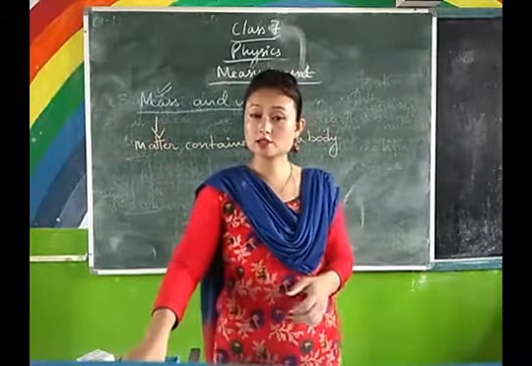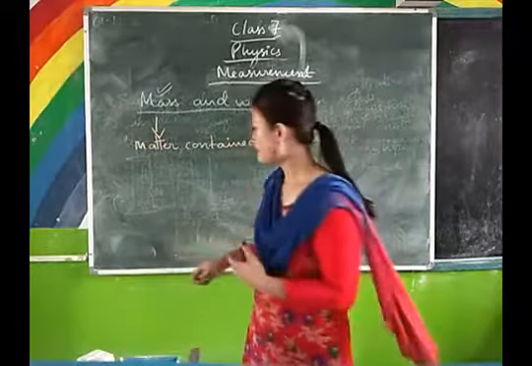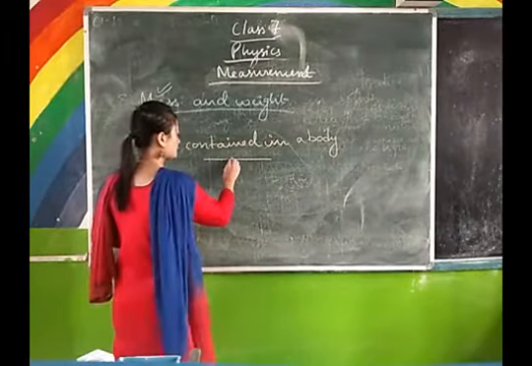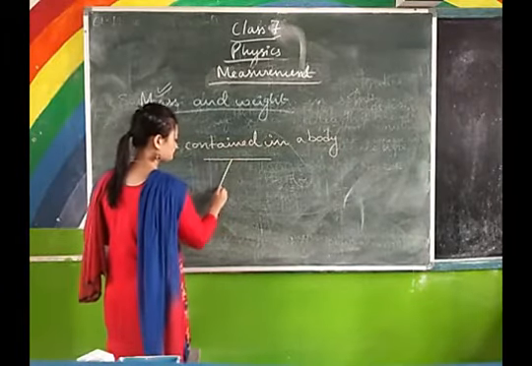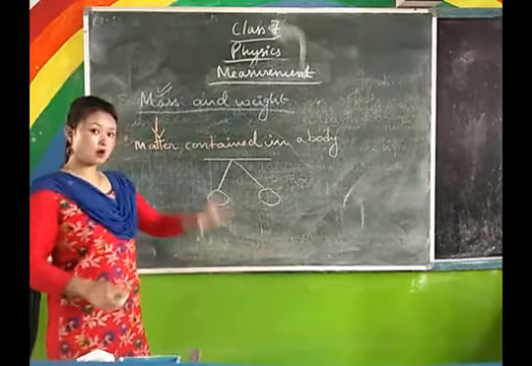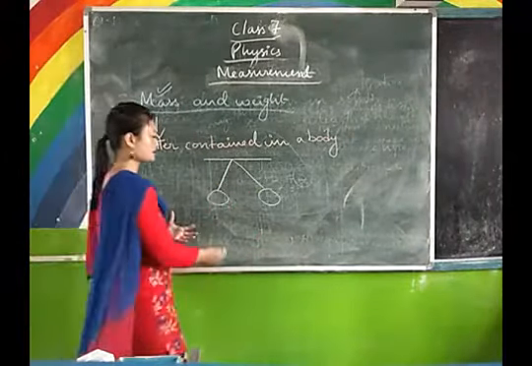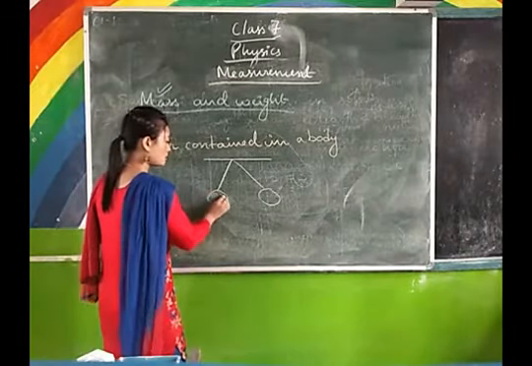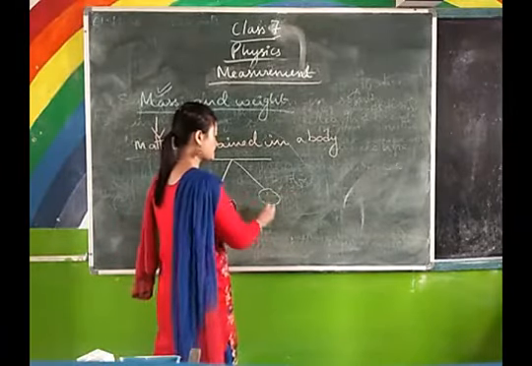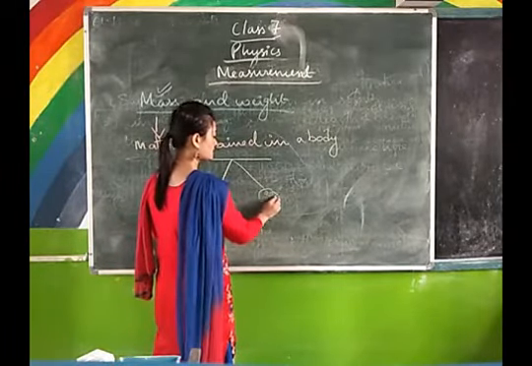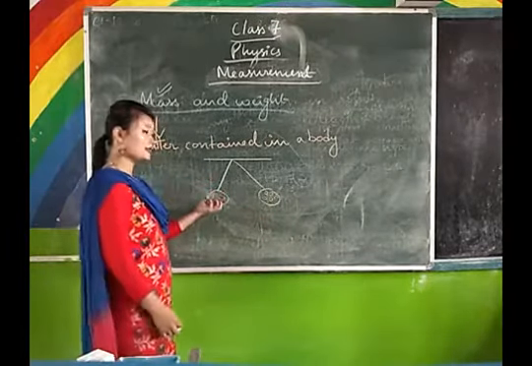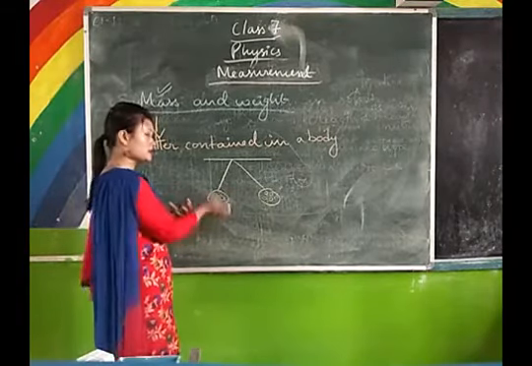We don't see that a lot these days, but the beam balance earlier was used in shops. You've seen those beam balances where the shopkeeper places weights in one scale and places the substances that you buy in the other. If you are buying potatoes, he places them in one scale, and on the other scale he uses the weight.